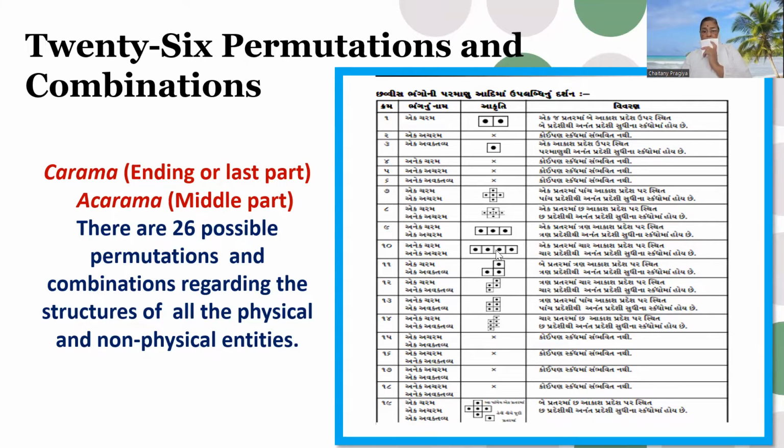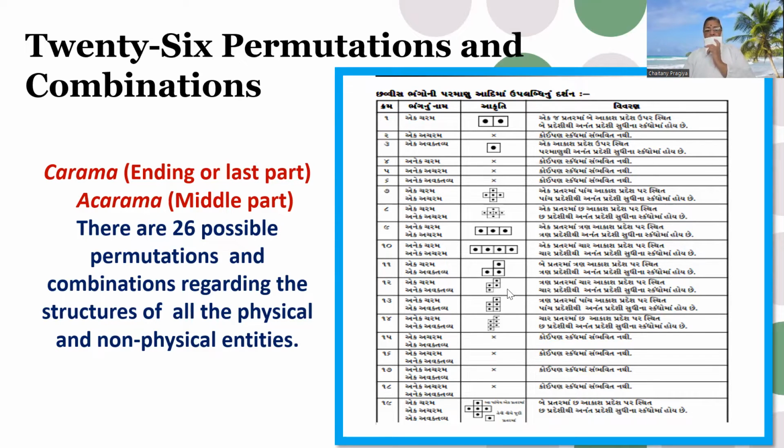If the structure has this kind of form, consisting of 4 atoms and located in 4 space points, then you can say that these 2 atoms are ending parts and 2 are middle.